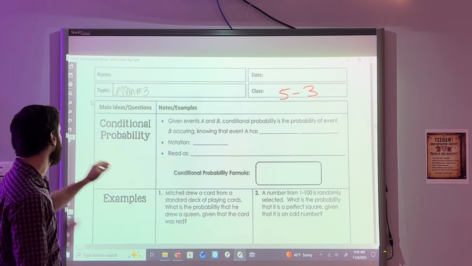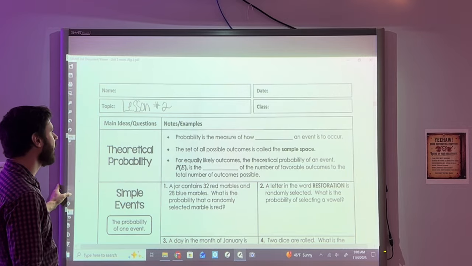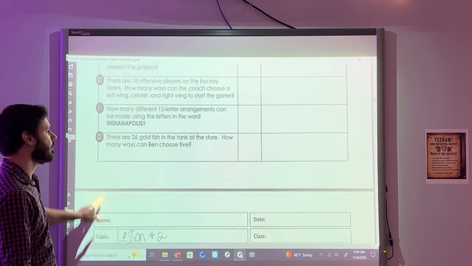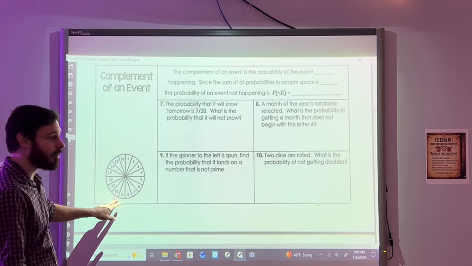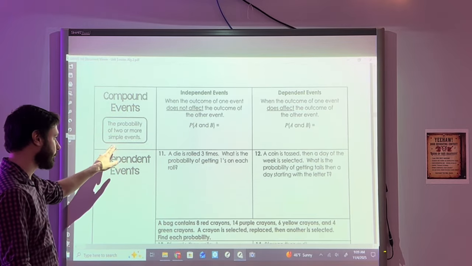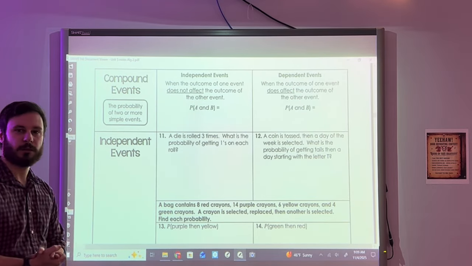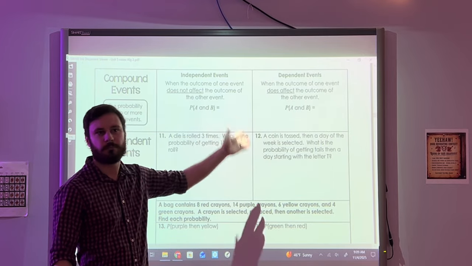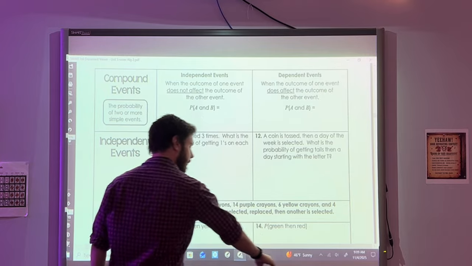Okay, we're gonna do this, but I promised you in the last one that we're gonna go back up here, and I'm gonna give you the formula for independent events, A and B. It wasn't as complicated as I was thinking it would be.